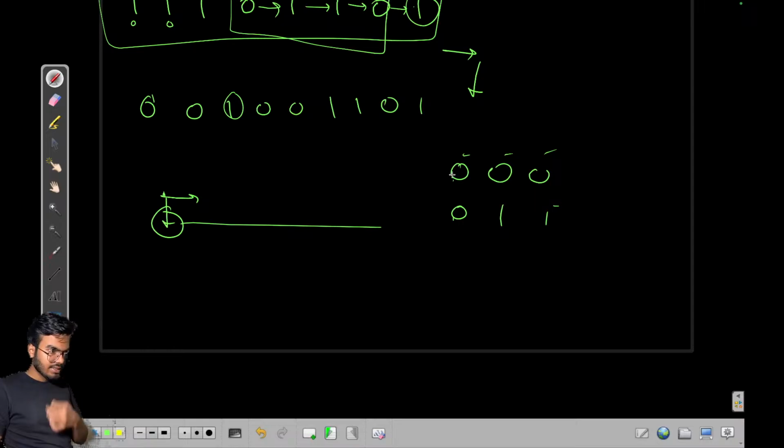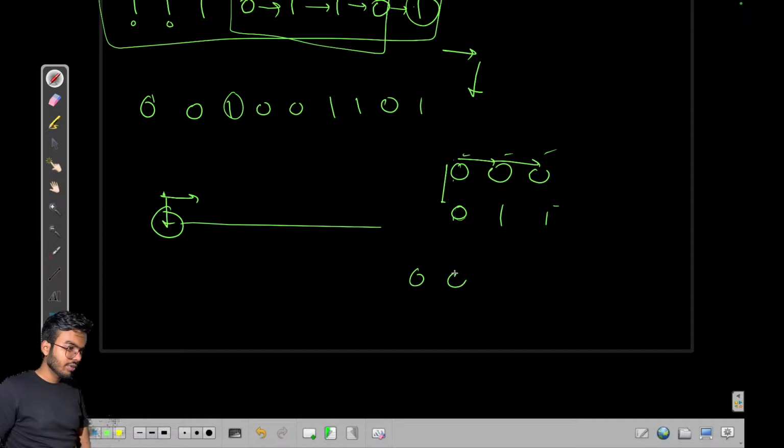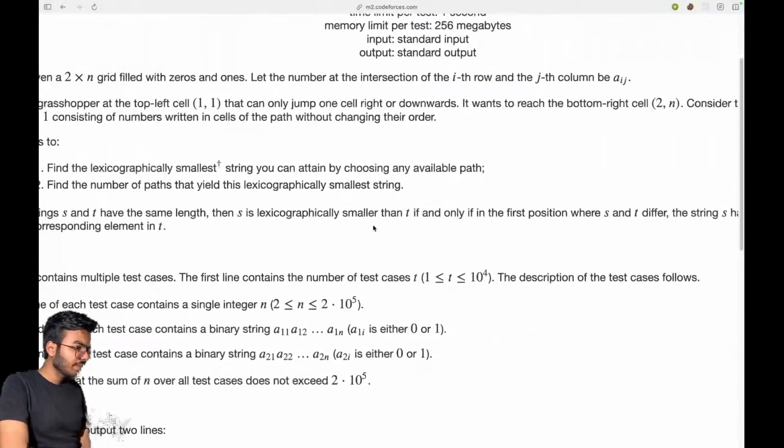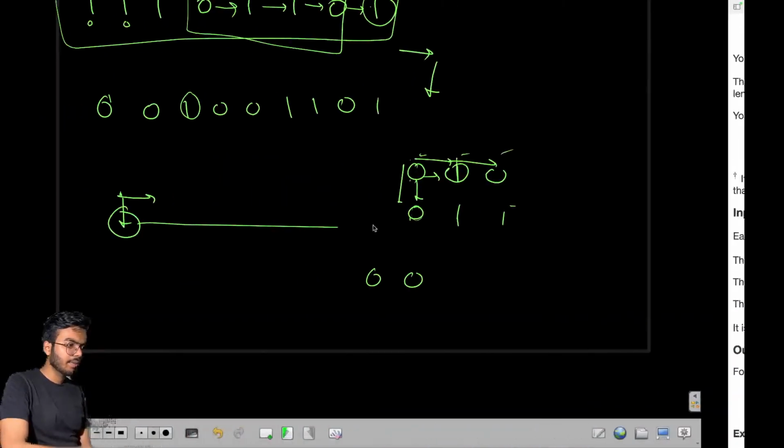So what happens is you can go right, right. Once I went down, like 0 0 is better or 0 1 is better. So whenever there are two choices of 0 0 and 0 0, I will choose that. So it doesn't matter. I mean, can it happen that there are two? No, it can't happen.